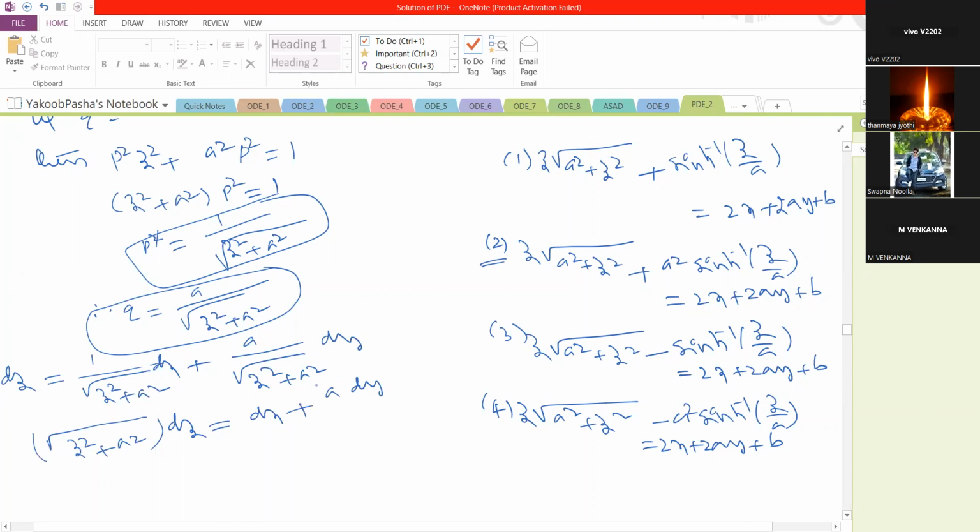Now the integration of under root of a square plus x square formula is x by 2 under root of a square plus x square plus a square by 2 sinh inverse x by a.